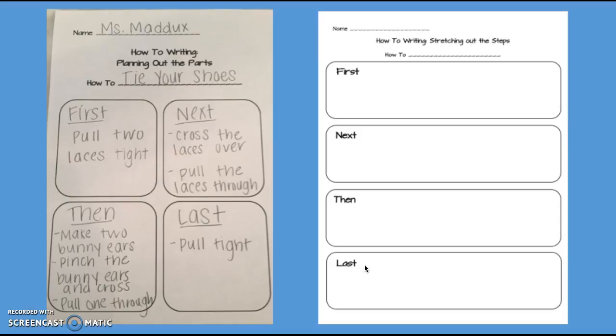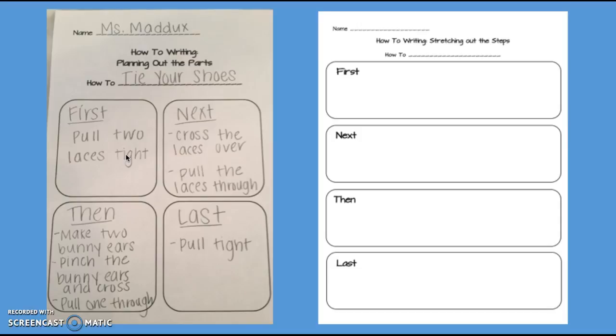All right, so when I look at the first part, I see pull two laces tight. So I've got to plan this out, and I really need to stretch it out and think of lots of details. You definitely have to use your hands. So I can say put one shoelace in each hand and pull them towards you, because I know if I pull them up towards me, it's going to make it really tight, to make all of the laces tight.